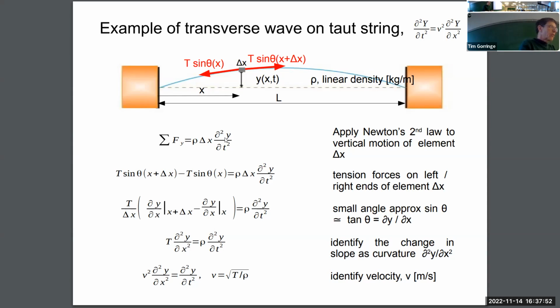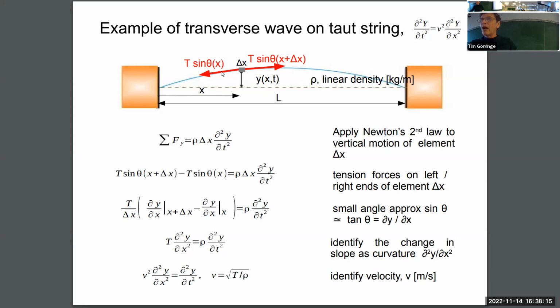And if the string is not along the equilibrium or that dashed line here, then there'll be a component of the force in the vertical direction. There won't just be a tension force in the horizontal direction. And that's what I try to show with these two little arrows here.